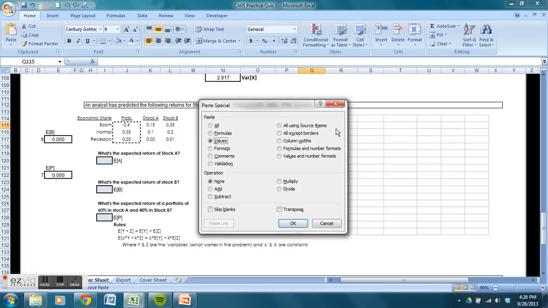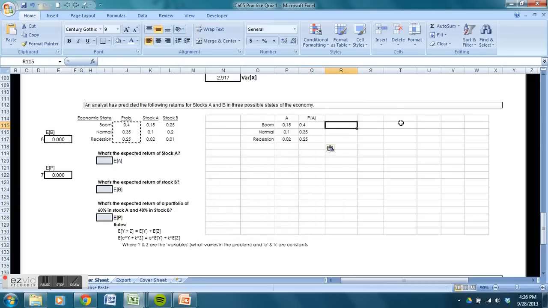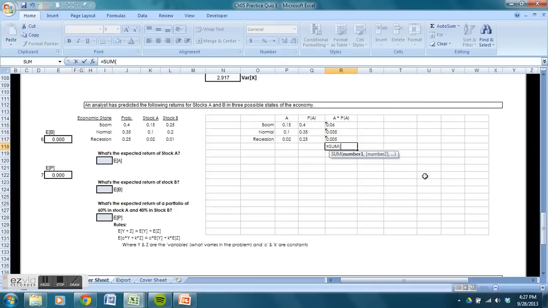So the value, which I call A, multiplied by the probability of that value. Bring it down. We want to sum it. I'll put that there to show that we're summing. There we go. That's our expected return for the A portfolio.